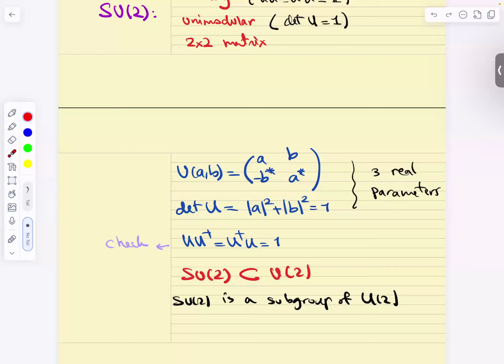What does ON have on top of SON? What is this group physically? If you say O3, how do you describe O3 physically? Rotations and parity. This is all rotations. What you have in here that you don't have here is just parity.